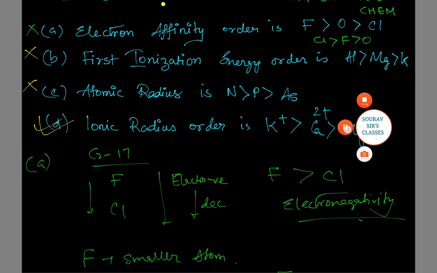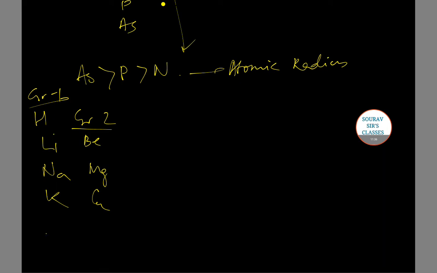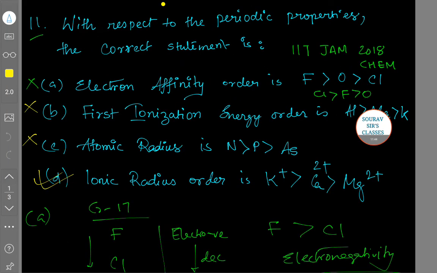Referring to the periodic table, we have under group 2 first beryllium, then Mg, and then we have calcium, and here we have potassium, then above it we have Na, and above it we have Li, and here there's hydrogen. This is group 1 or alkali metals. So basically we are interested with these three, and we have to find K plus, Ca2 plus, Mg2 plus.